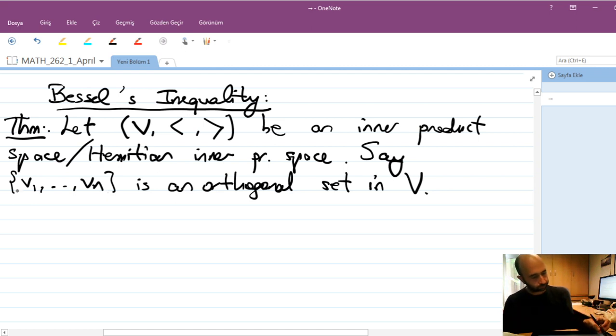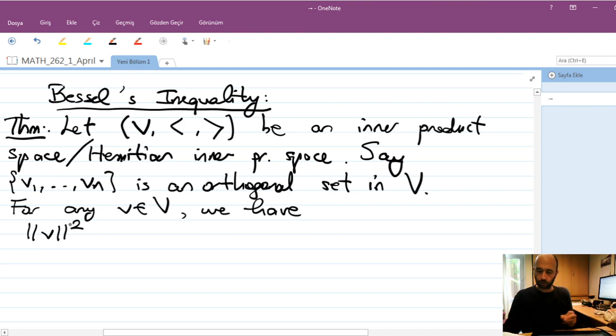For any vector v in V, we have the inequality: norm of v squared is greater than or equal to the following sum.